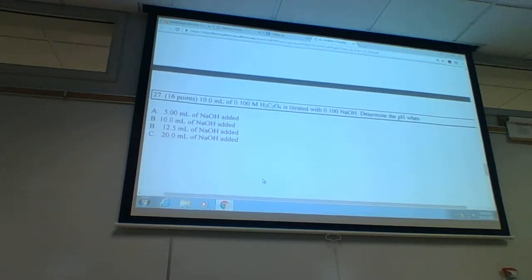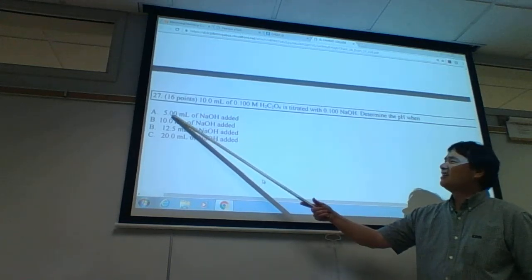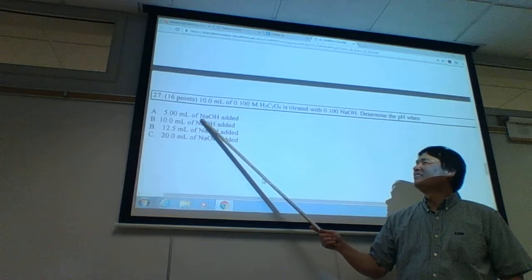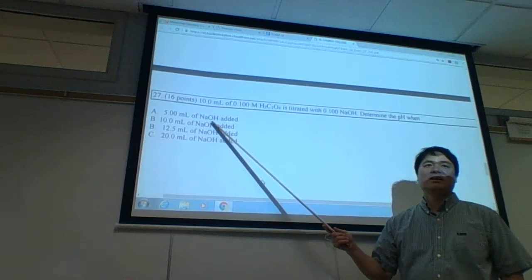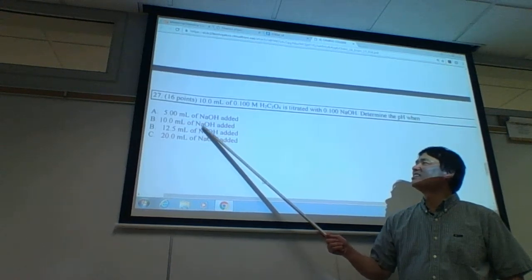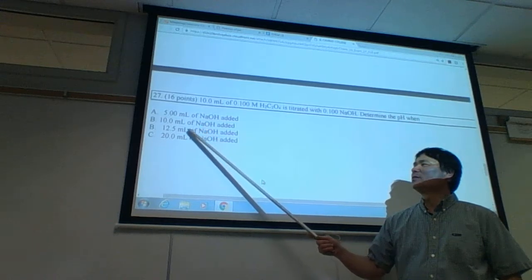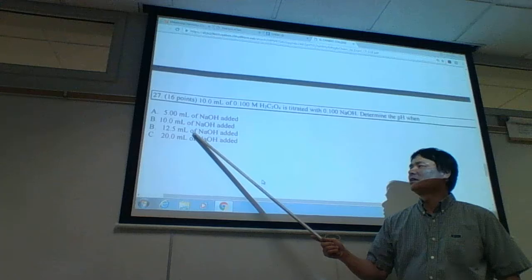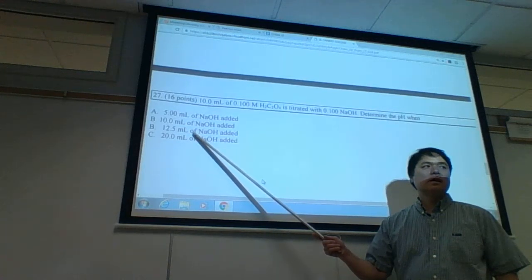another titration. This is the titration we did in lecture, right? So 5 milliliters is the half equivalence point. 10 milliliters is the first equivalence point. 12.5 milliliters is in the second buffer region.